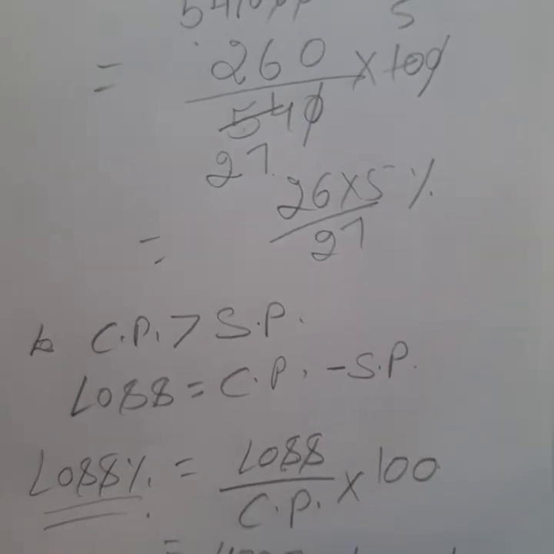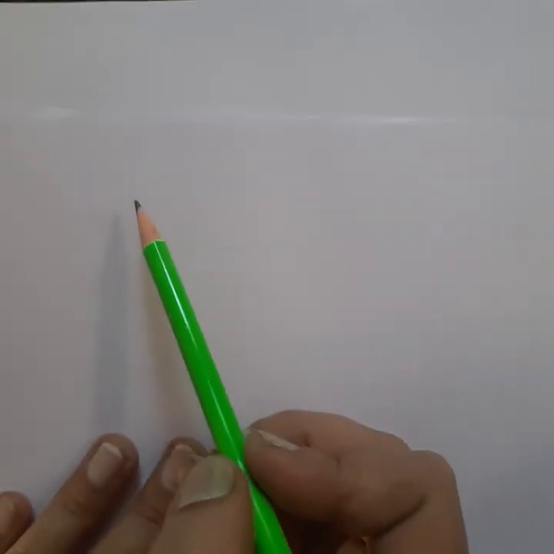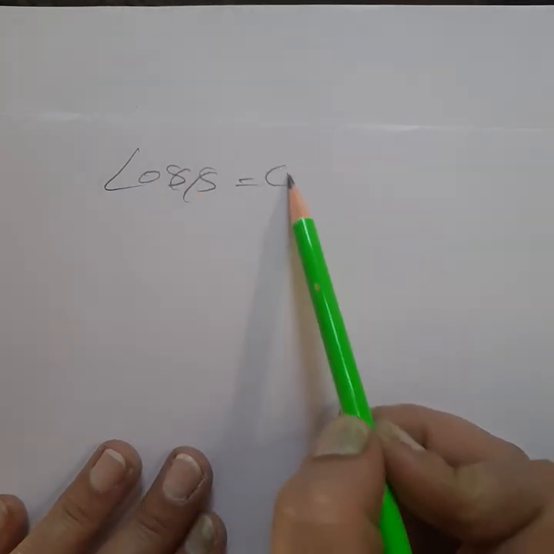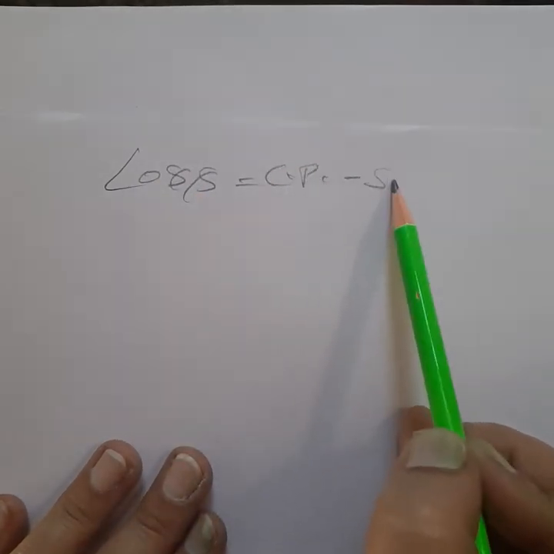Suppose that in a multiple choice question in your exam, you are not given one quantity among the three. You have studied the formula of loss, that is cost price minus selling price.